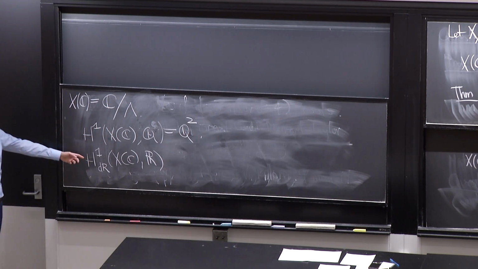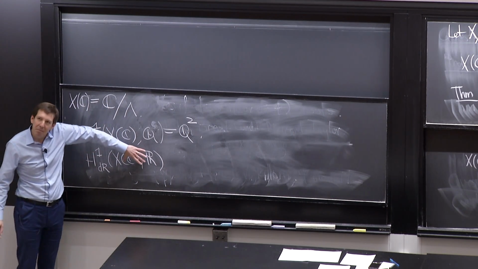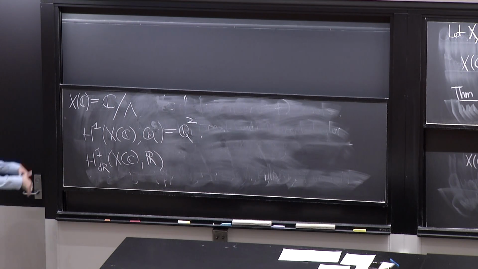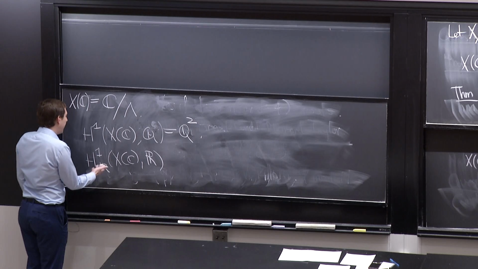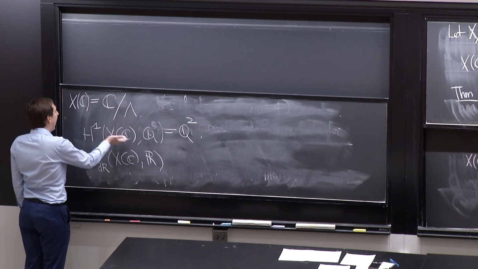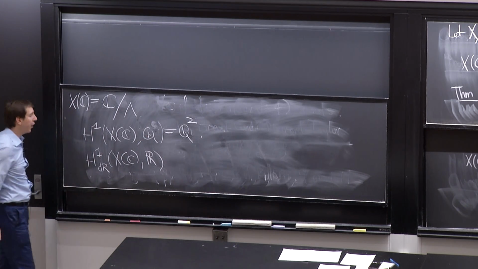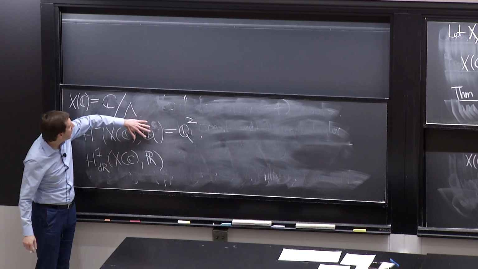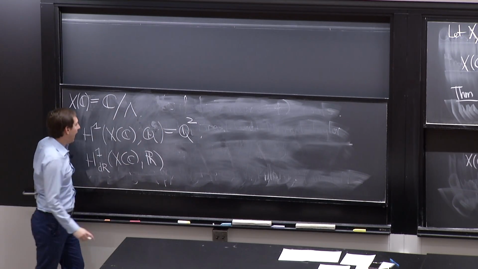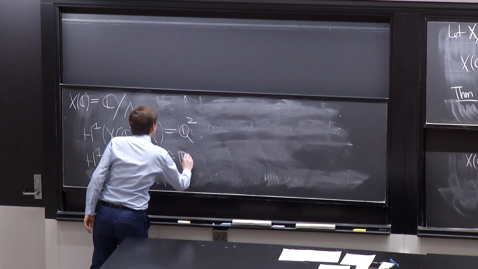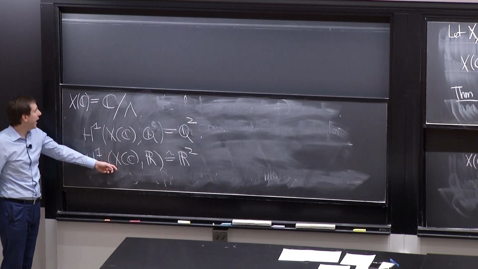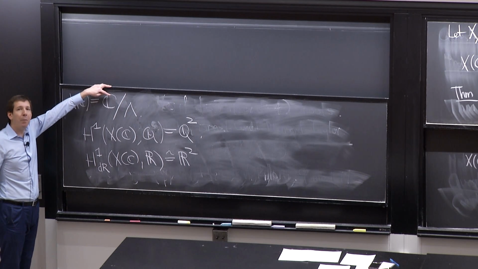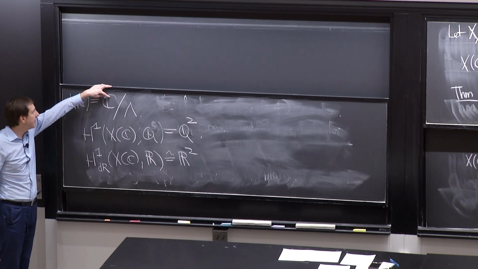So de Rham's theorem says that if you take a form you can integrate, you can pair it against loops, and you get a perfect pairing, an identification between the de Rham cohomology and the usual cohomology if I had coefficients over R. So by increasing to coefficients in R, I certainly have an isomorphism like this. But moreover, this is very easy to describe in this case. Here I'm just looking at forms that I can integrate on C mod lambda.